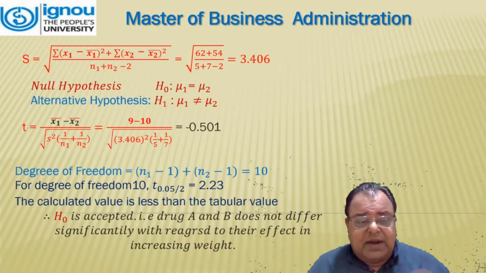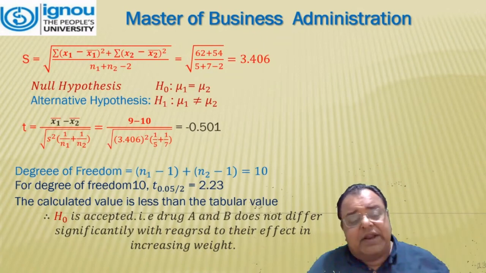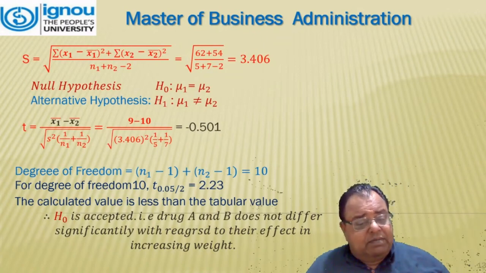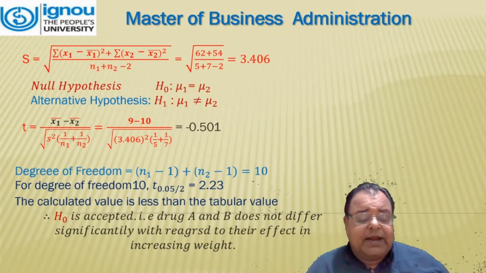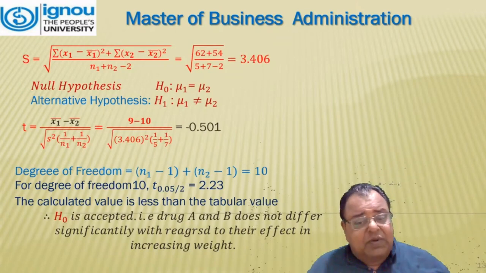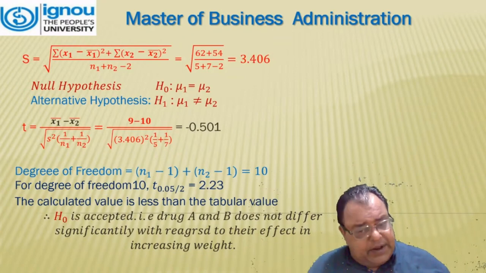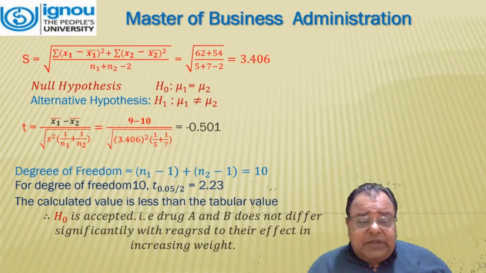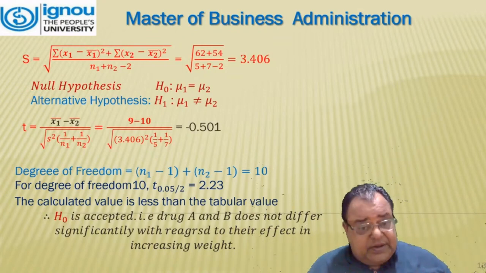Now we have to calculate the degrees of freedom. For degrees of freedom, we calculate n1 minus 1 plus n2 minus 1, which comes out to be 10. For 10 degrees of freedom, the tabulated value is 2.23.